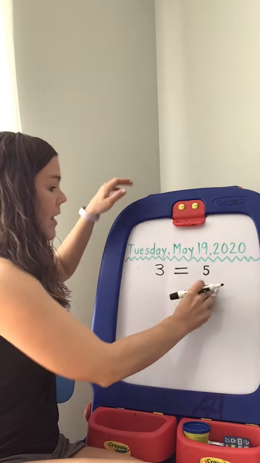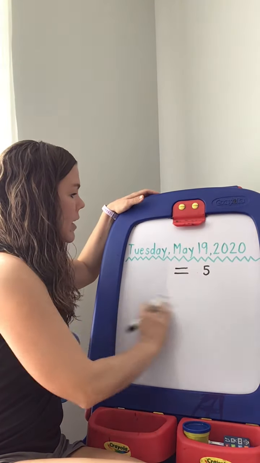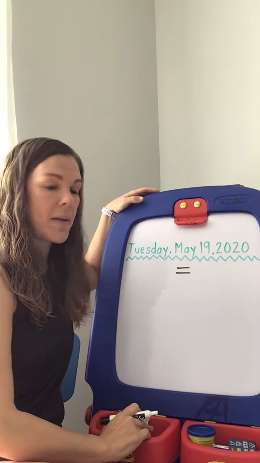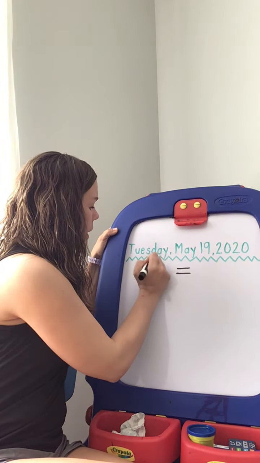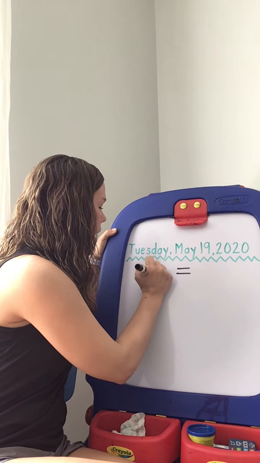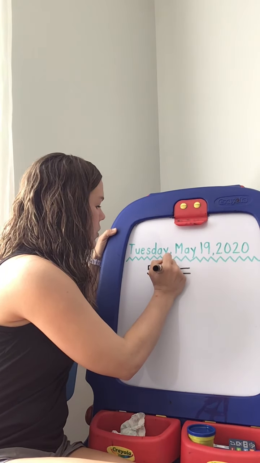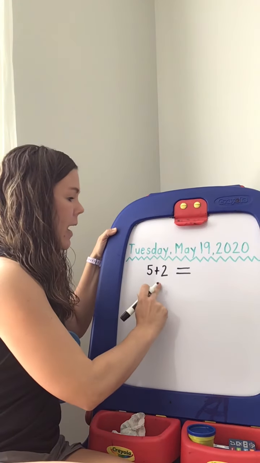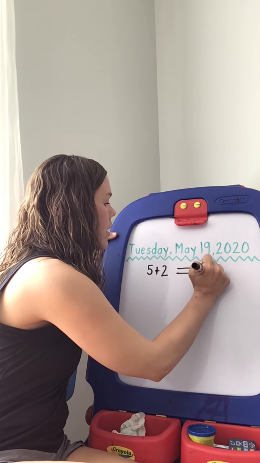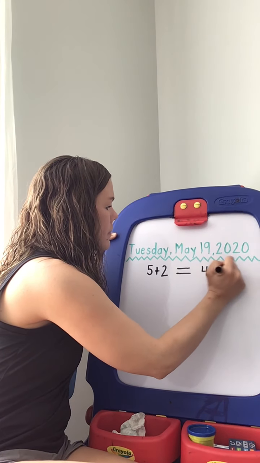Today I want to look at it and show you guys how we can use this, or how we can solve these kinds of problems, all right? So the first one I want to show, we're going to just do simple equations today. So we're going to do 5 plus 2 on this side of the equal sign. And then on this side of the equal sign, we're going to do 4 plus 3.